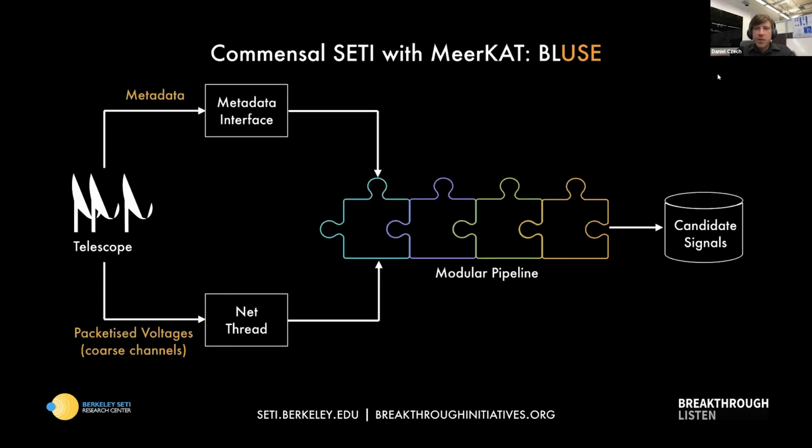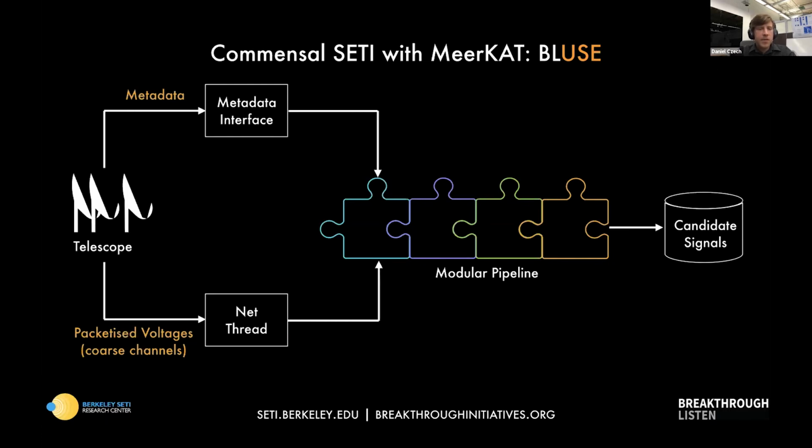This is a little more detail into what the Breakthrough Listen SETI system will look like. There's a metadata interface which will receive all the information about what the telescope is actually doing. This is necessary so that the system can be automated and can handle all the different forms of primary observation.